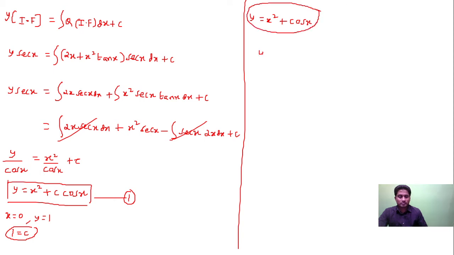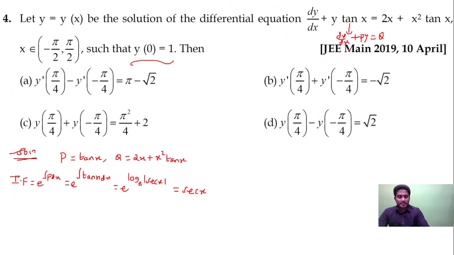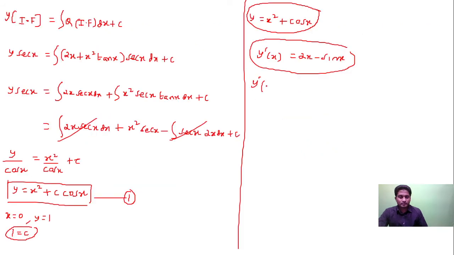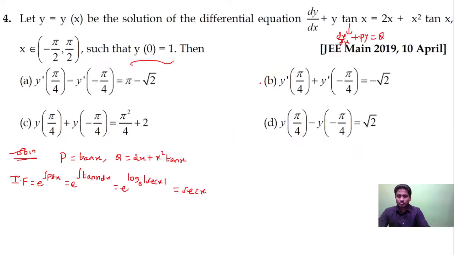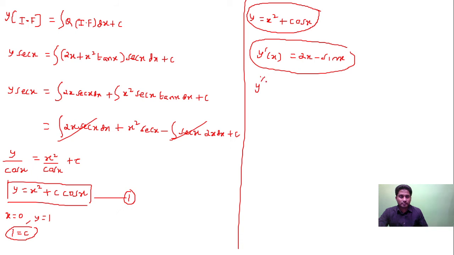Okay, now let us check what is y dash of x, guys. y dash of x is equal to differentiation of x square is 2x, differentiation of cos is minus sine. This is y dash of x. Let me first find out y dash of pi by 4 and y dash of minus pi by 4, because that's there in all the options, right? y dash of pi by 4 will be equal to 2 into pi by 4 minus sine of pi by 4.